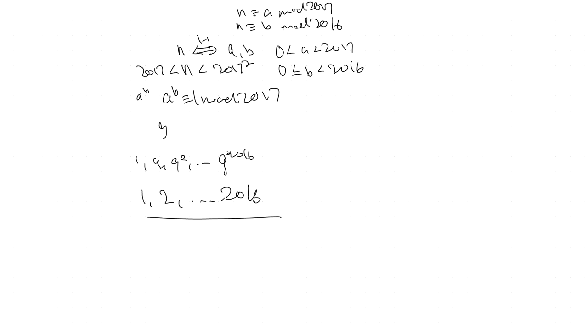And now there exists a k such that k is between 0 and 2016, such that A equals g to the kth power.